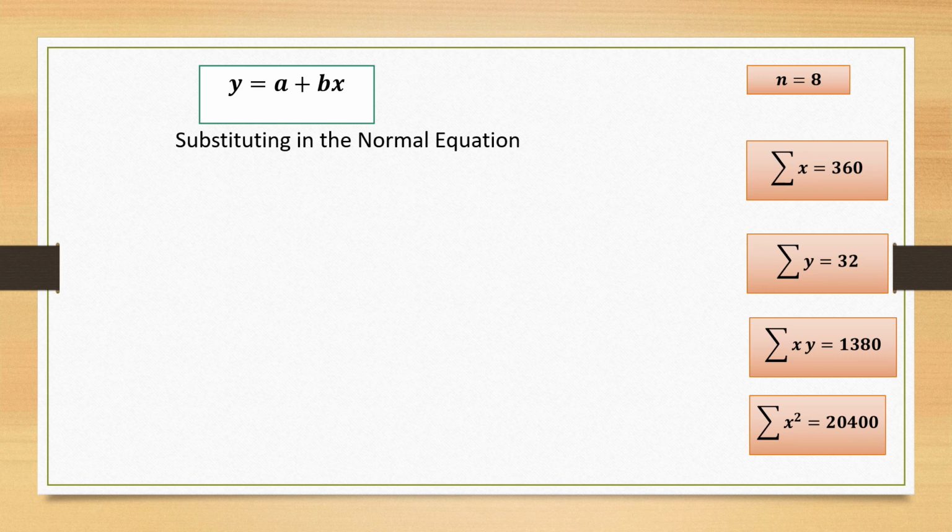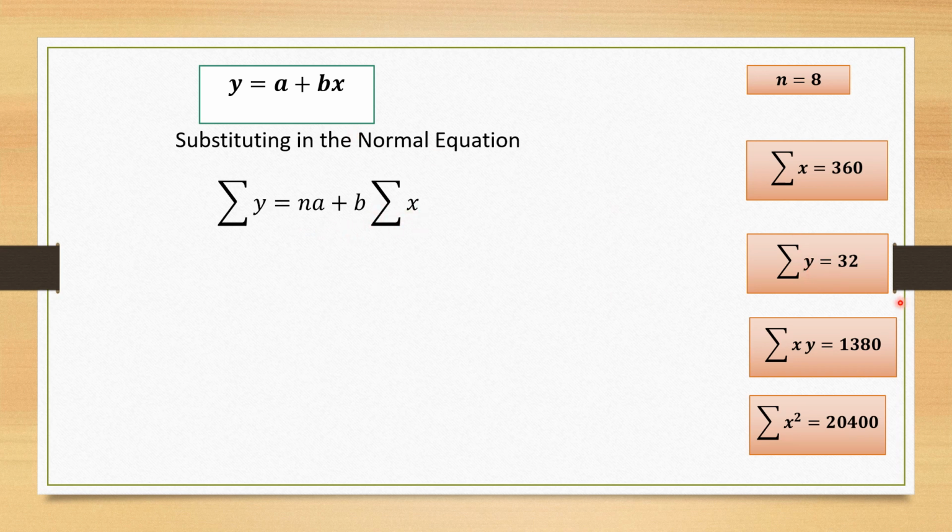First we have to write the normal equations. The first normal equation is got by taking summation on both sides: summation y is equal to n into a plus b into summation x.